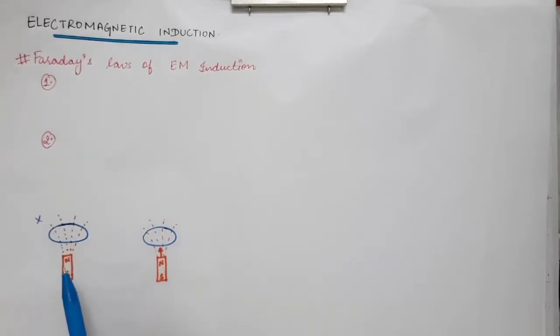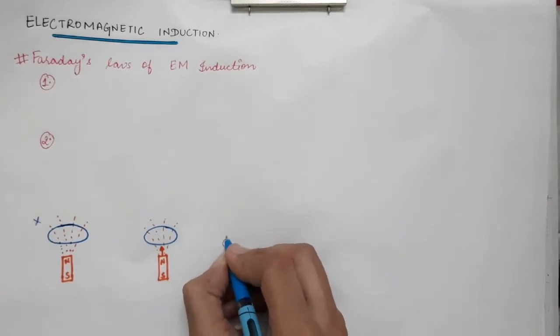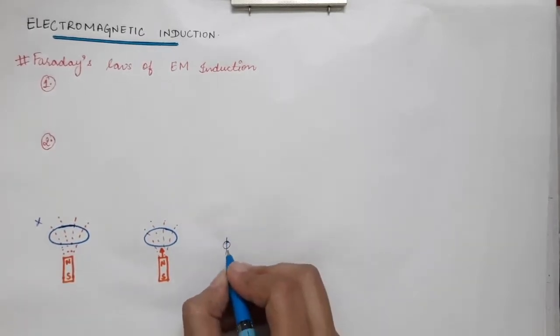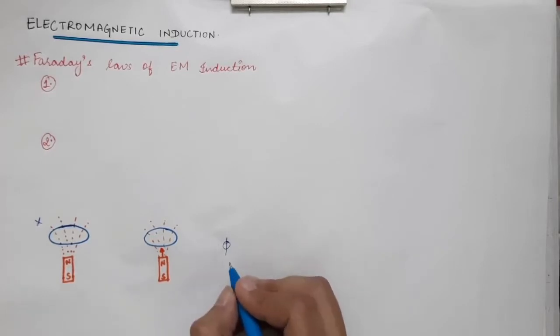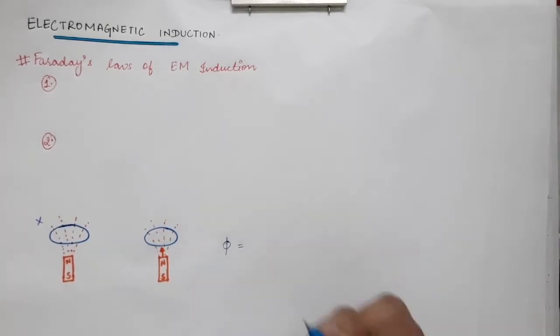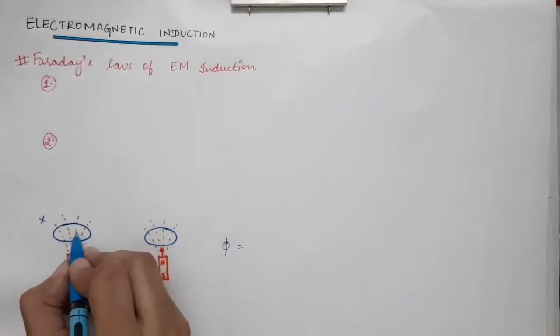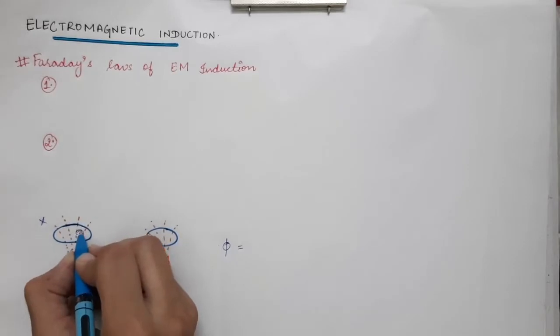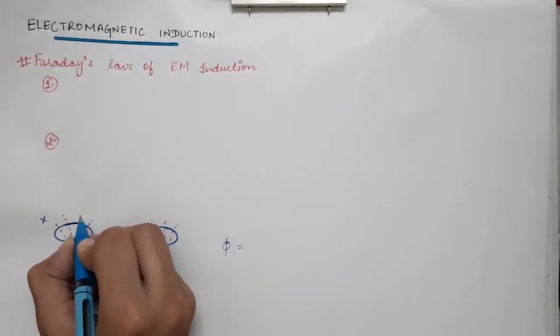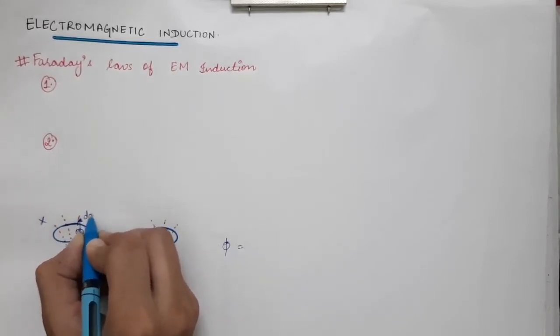So what will be the magnetic flux linked with this loop? Magnetic flux is represented by phi. In some books it is represented more precisely by phi B. Magnetic flux is given by, now in this surface, if you take a point and around this point you draw a small area element, let's say the area element is represented by dA vector.